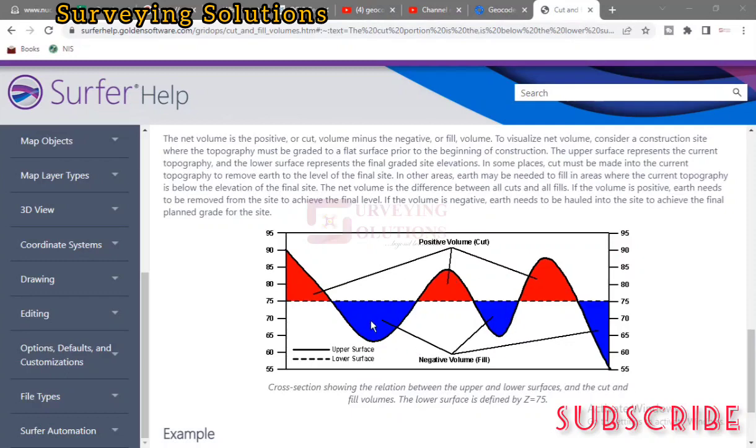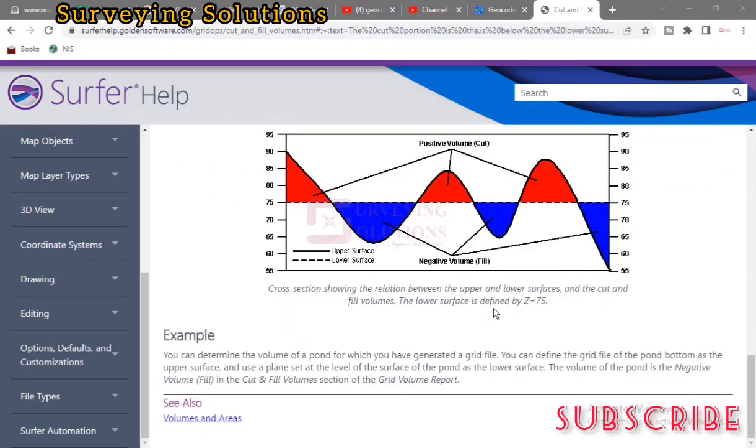When you have elevations below 75, you are going to fill, and when you have elevations above 75, you are going to cut them off, so that you now have a level of 75, maybe 75 feet or 75 cm, as the case may be. The lower surface is defined by the constant 75.